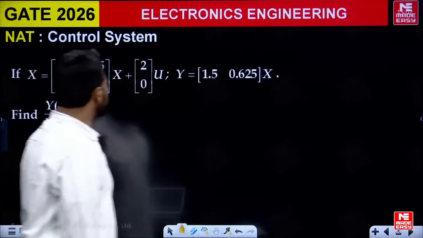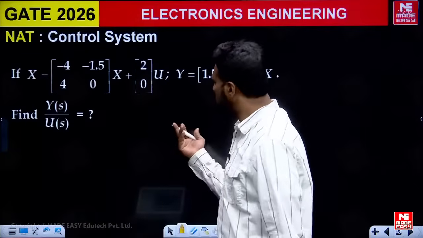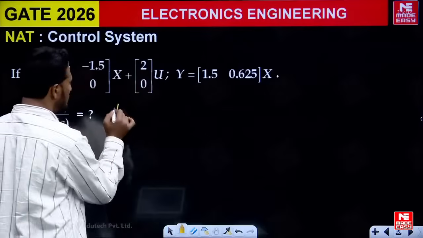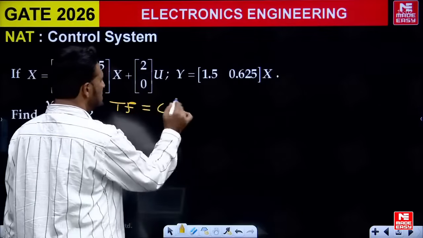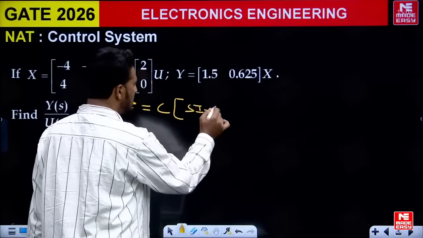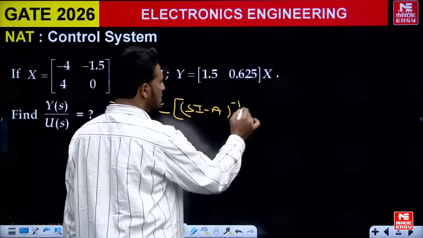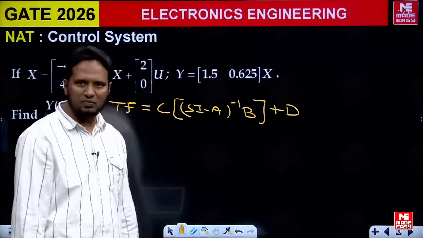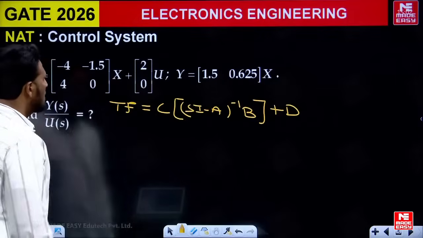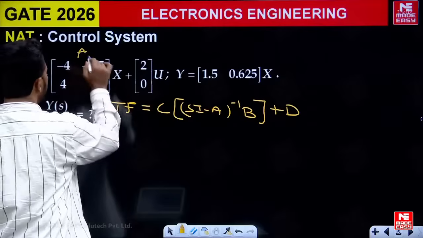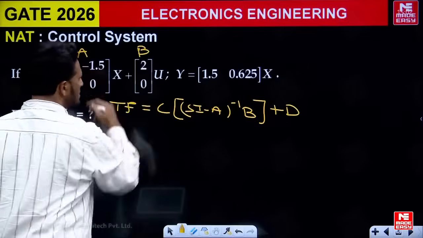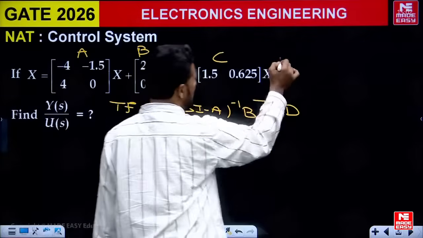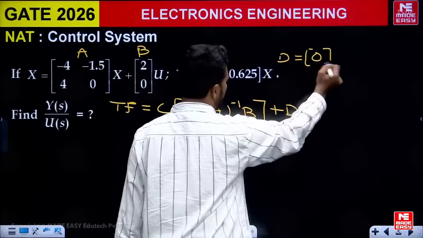In this question, we have to find the transfer function, and it is not of any standard form. So we have only one procedure left: C times (sI minus A) inverse times B plus D. This is the formula to find the transfer function from the state model. This is the A matrix, this is the B matrix, this is the C matrix, and D is 0.